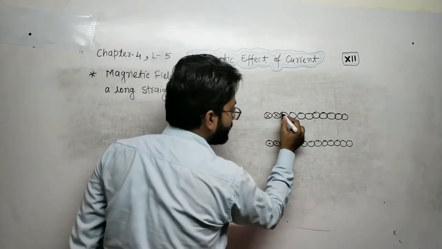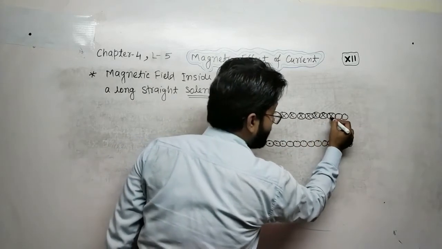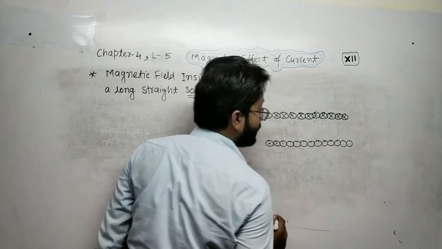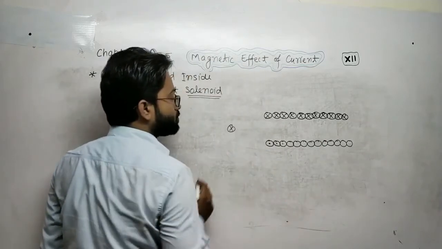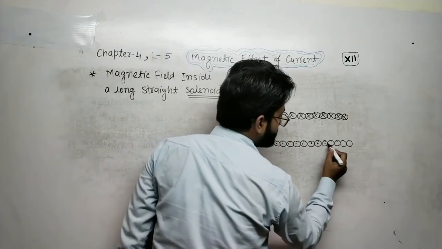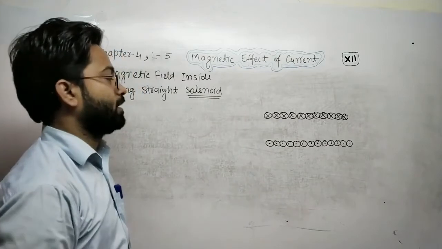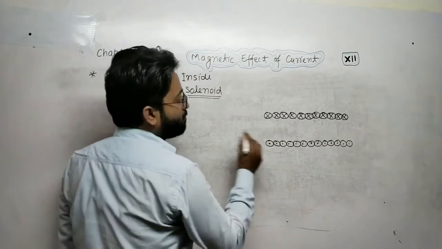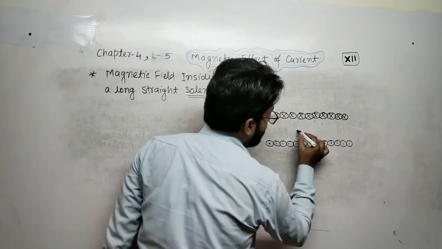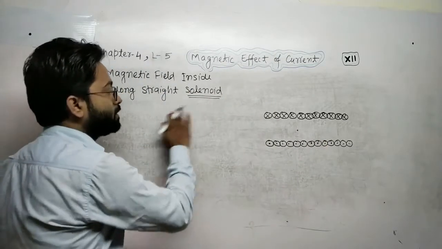I hope you are getting it. This is the direction of current, not magnetic field. This symbol is also used for magnetic field, but here this symbol shows the direction of the current. And we have to calculate the magnetic field at the center or inside the solenoid.